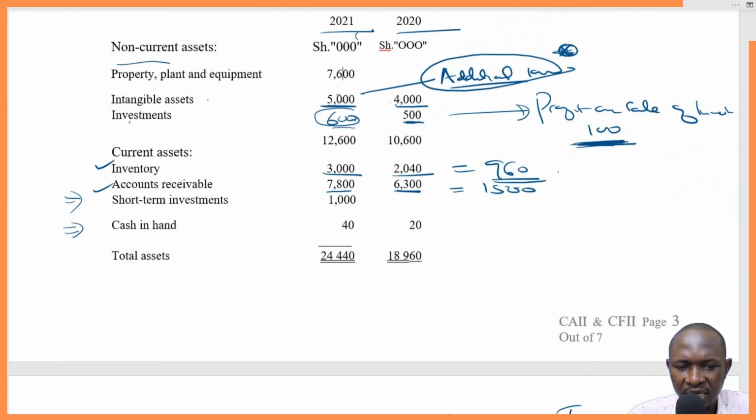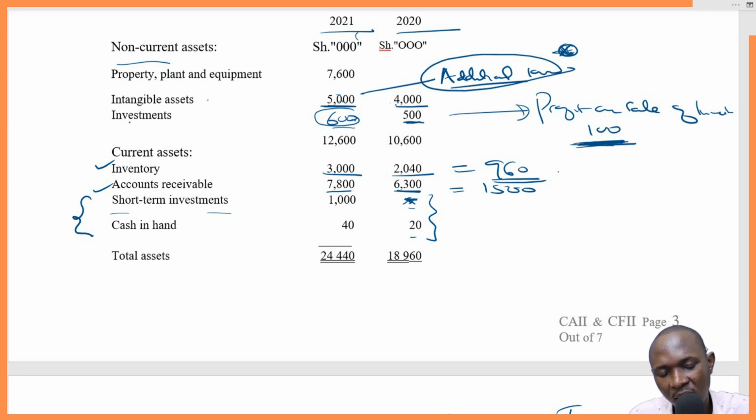What did we start with at the beginning of the year? We go to cash and cash equivalent. Short-term investment, there's nothing. Cash in bank, there's nothing. Cash in hand, 20. The short-term investment plus cash in hand plus cash at bank make up the cash and cash equivalent.